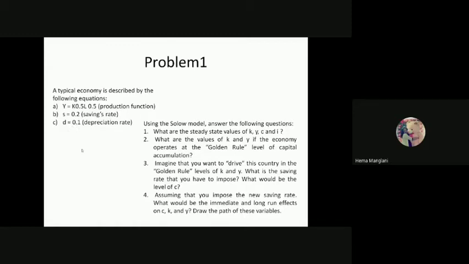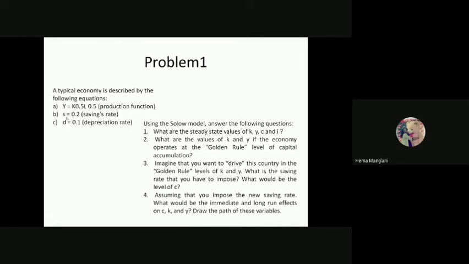Now, using the Solow model, we need to answer the following questions. Question one: what are the steady state values of K, Y, C, and I? First of all, you need to convert this Y into output per capita.